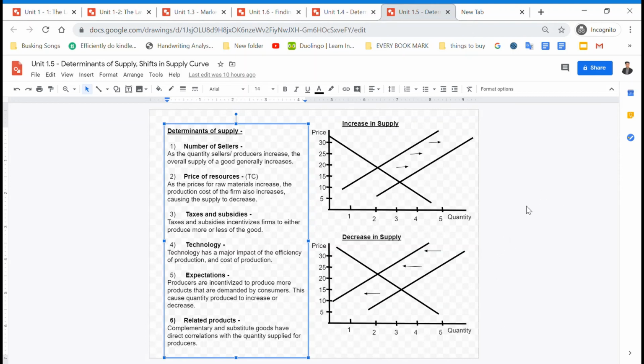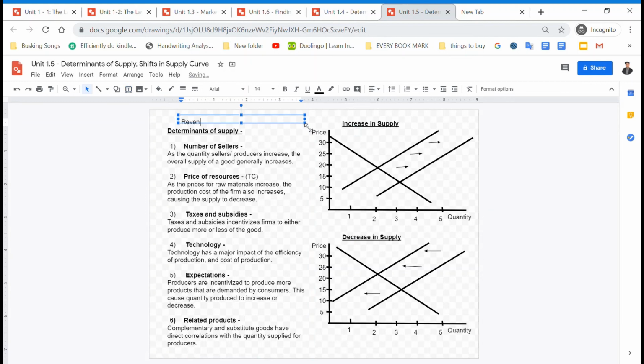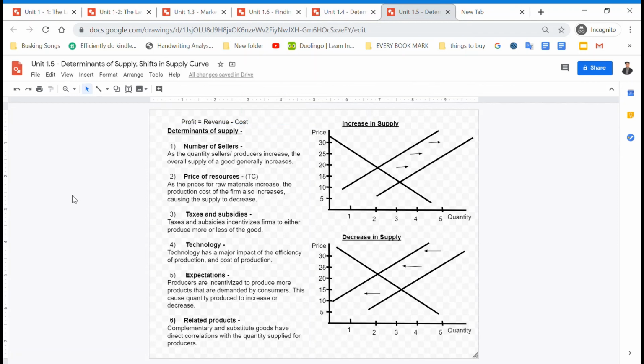As the total cost increases, producer revenue and producer profit decrease, because, I'm going to write this down, profit equals revenue minus cost. Profit equals revenue minus cost. So it's important for you guys to know this.